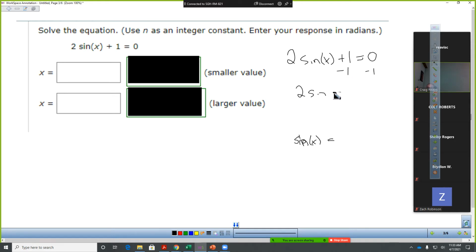I would subtract 1, and I would have 2 sine of x equals -1, and then I would divide by 2, and I get sine of x is equal to -1/2. All right, now look, they're telling us to use n as an integer constant. So we're wanting to represent every angle, no matter how many times you go around the unit circle, that is going to equal this.